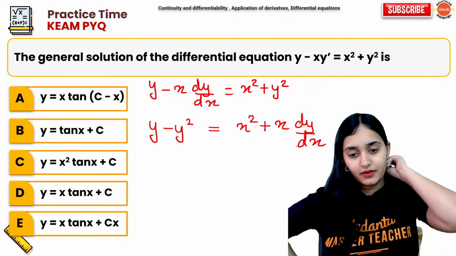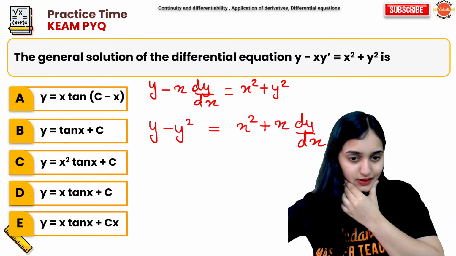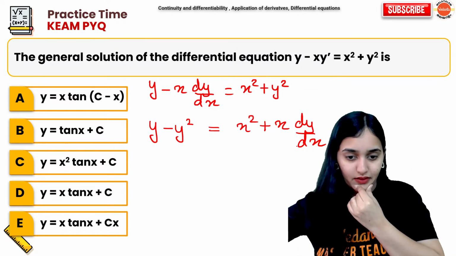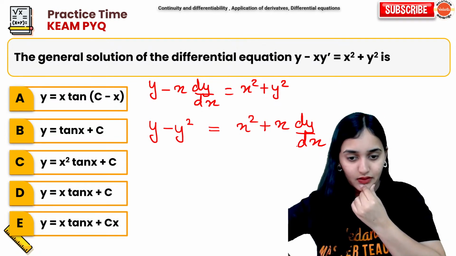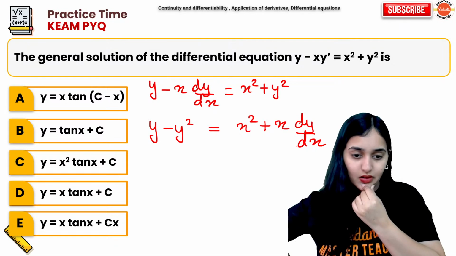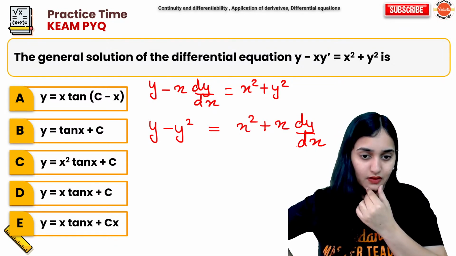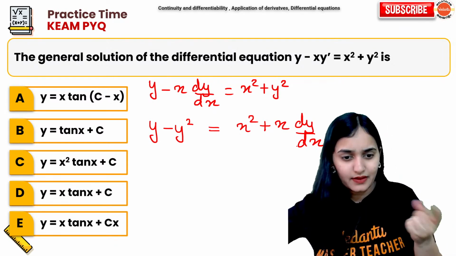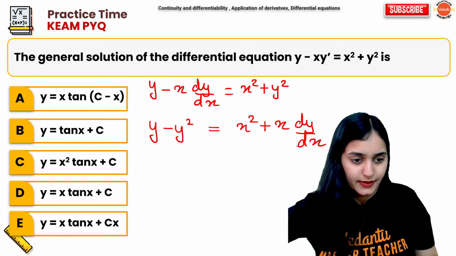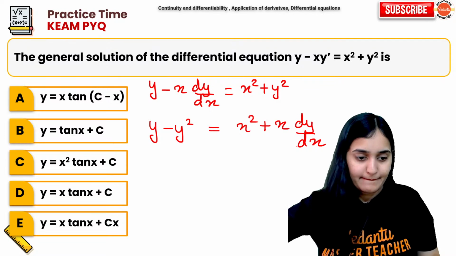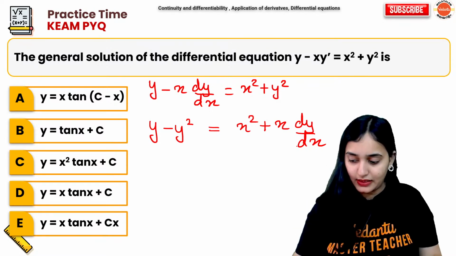Can we separate the variables? We cannot. Can we send dy by dx here? If I take out dy by dx from this side, nope. Let's check.